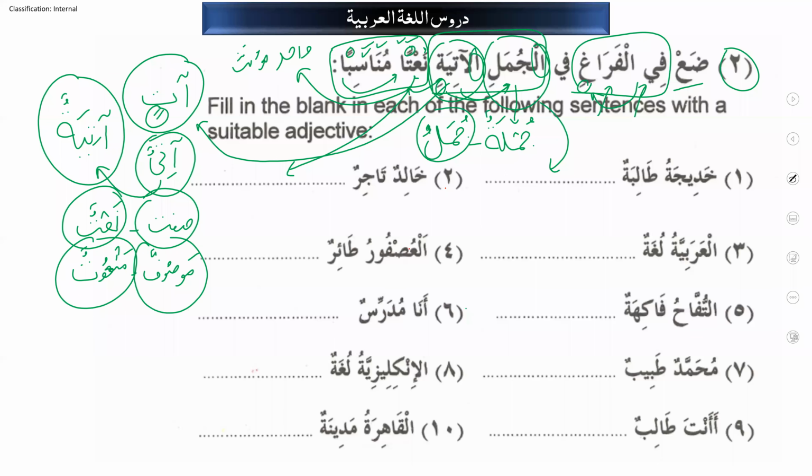Okay, bismillah. Khadijatu talibatun. Khadija is a student. So Khadija is mubtada, and talibatun is khabar. So I have to add the sifa, right? So mujtahidatun.